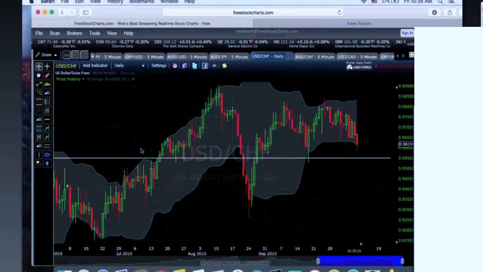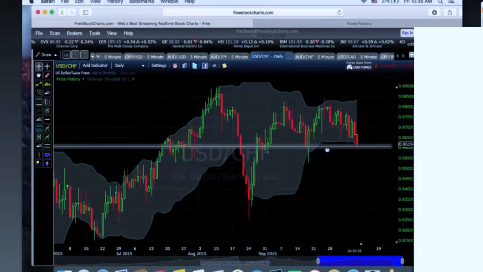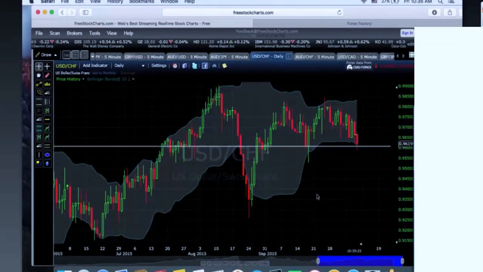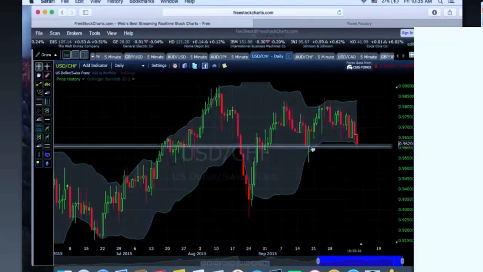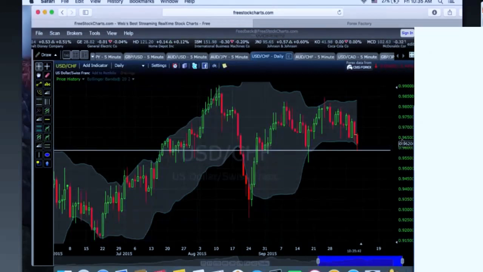On the daily chart, look at USD CHF and draw a line exactly on the point I'm talking about. You will see the amazing SR that I gave Snare is I think 0.95350. Just edit it. Click on the line.